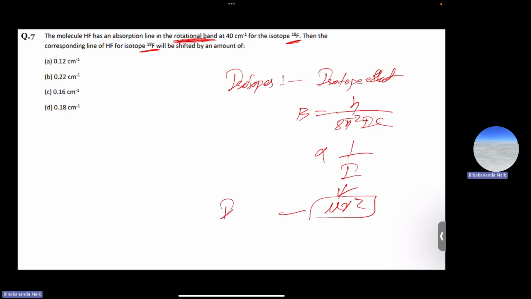So the isotope effect comes into the picture. Now we need to find the value of the shifted line corresponding to the isotope fluorine 19. I'll give you a few minutes to think about this question and then we will discuss.